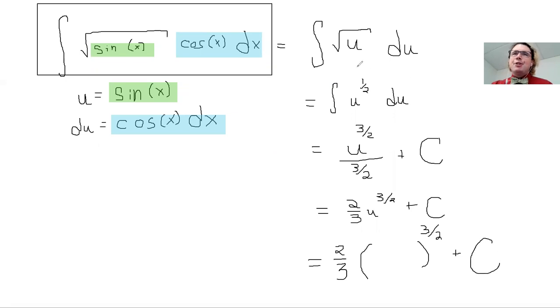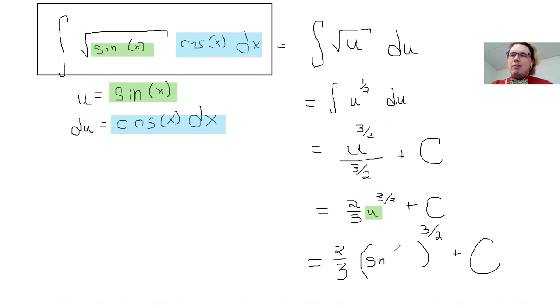Now, all I have to do is identify where the u's are in my antiderivative, and I'm going to replace them. I'm going to turn them back into sine of x.